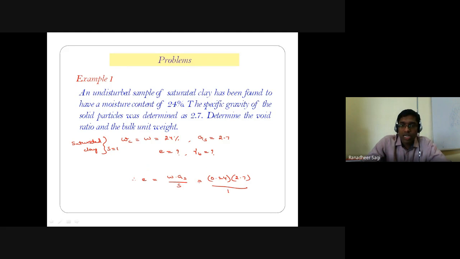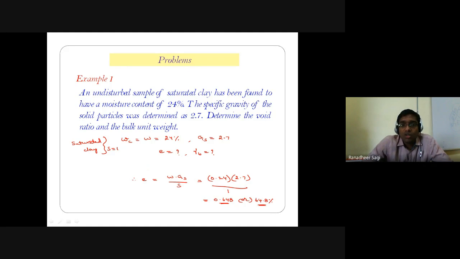So if I calculate the void ratio of this particular soil, I'll be getting the value to be 0.648. Or I can also write it in terms of percentage, where it can be indicated as 64.8 percent. So this is how I can find out the void ratio of that particular soil, which has water content equal to 24%, specific gravity of soil solids equal to 2.7, and degree of saturation equal to 1.